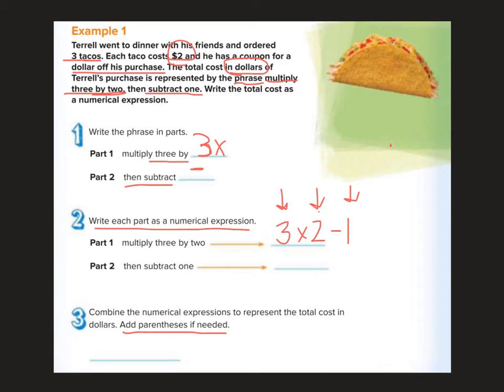So do I want to take $2 or $1 off each taco? No, I do not. So I'm going to erase that. I do not need parentheses for this particular expression because I'm going to take $1 off after I have figured out how much my tacos cost. So I need to multiply 3 times 2 and then subtract 1.